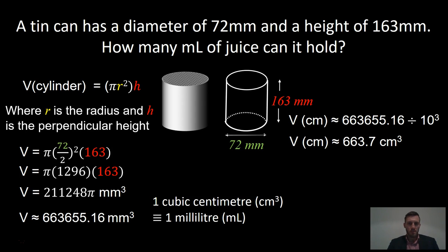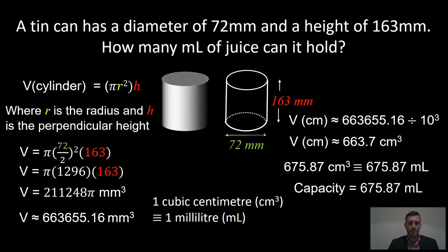And we get the volume in centimeters cubed is 663.7 centimeters cubed. And that's the equivalent to 663.7 milliliters. Therefore, the capacity of this juice can is 663.7 milliliters. That's how much juice it can hold.